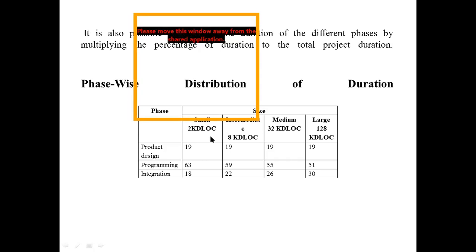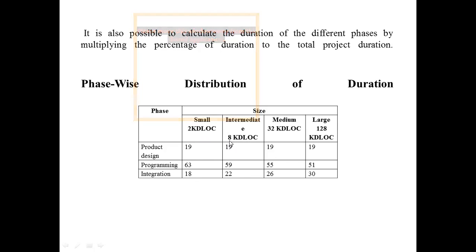Again I am telling you, if the size is less than or equal to 2 kDLOC, choose this column only. Similarly, if the size is less than or equal to 8 kDLOC, choose from this column. If the size is 8.1, then you cannot choose from this column; you will choose these values.